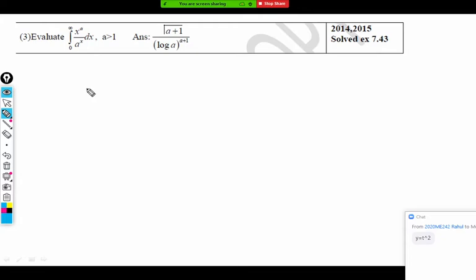A to the power x equals log a raised to x, x equal to log a. Not correct. Actually, we have to convert that exponential. Let me tell all of you.